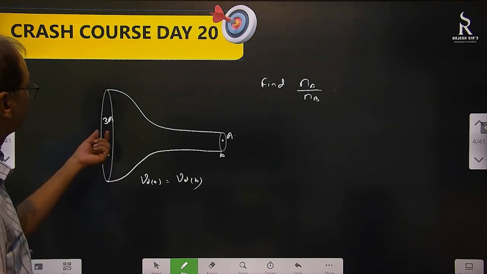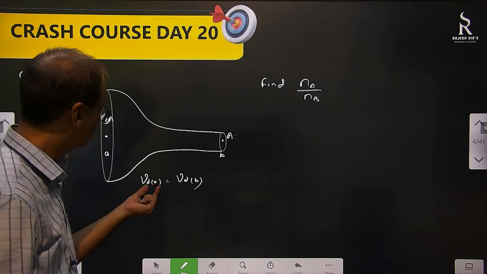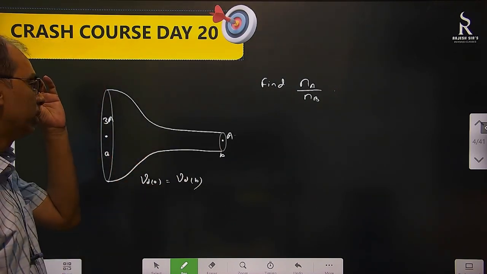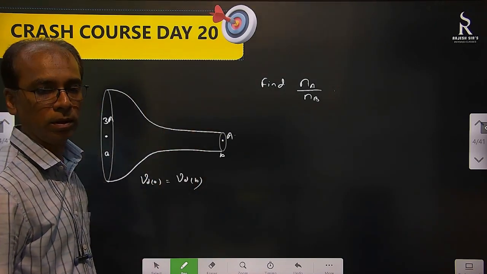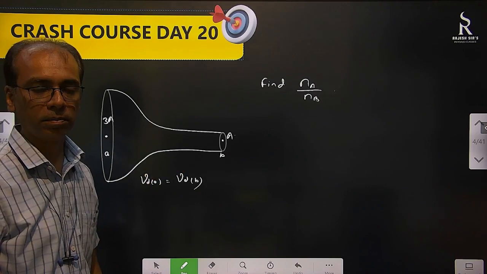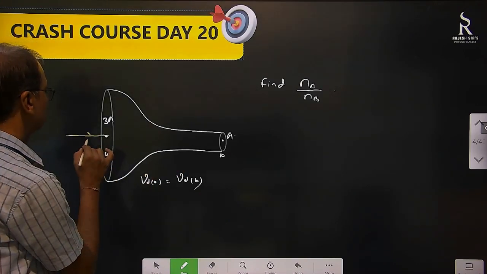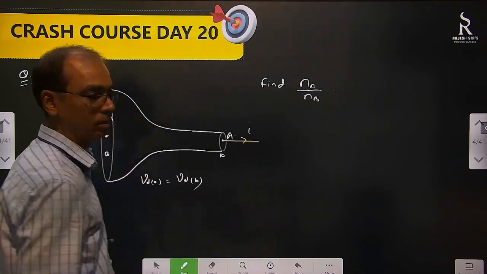Here the area is given as 3A, here the area is given as A. It is also given that the drift velocity at A is equal to the drift velocity at B. We want N_A by N_B, which means he is saying that the number of electrons per unit volume is different here. Drift velocity is given the same. So what can we do? Again, current at least will be the same, no?